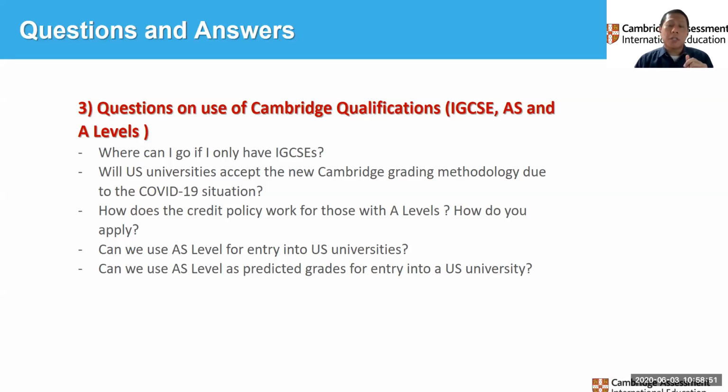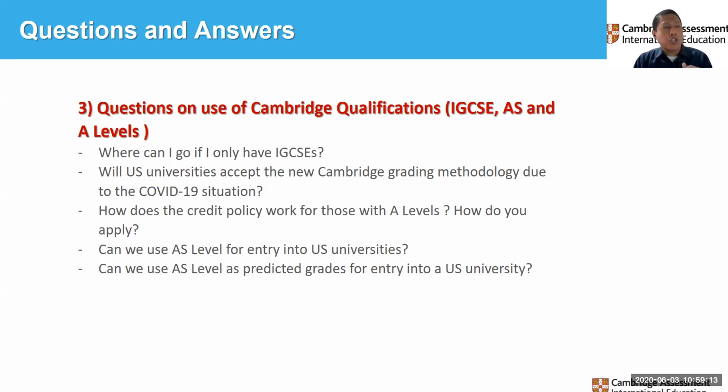And as I mentioned earlier, in terms of the use of AS level, there are a lot of other universities, so do check out these other universities separately. I've shown you earlier some of the states that do accept AS level on their credit policies as well. So do check that.